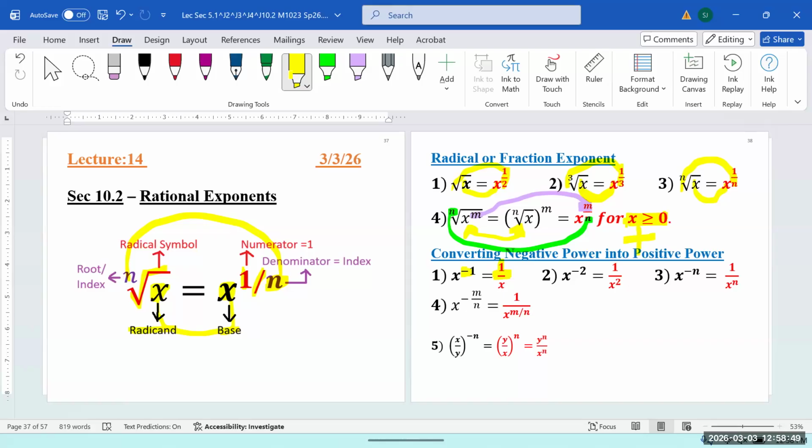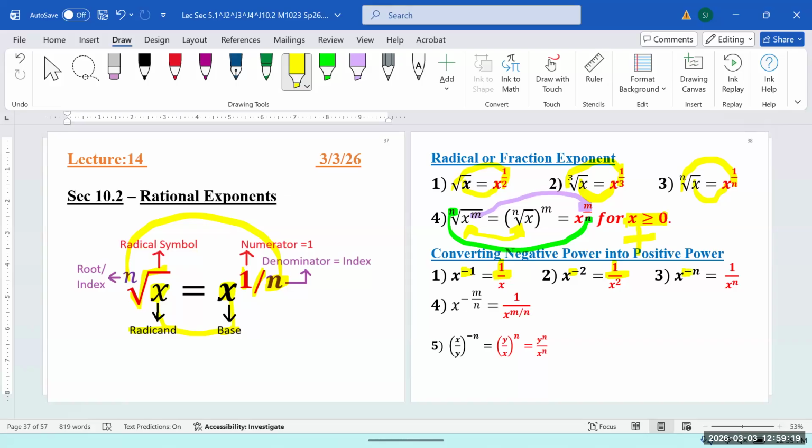So radical is exponent fraction, and negative means the entire quantity turns into a fraction instead of a whole number. So x to the negative 1 means 1 over x. For x to the negative 2, this negative turns into 1 over everything else on the denominator. So if we ignore the negative on the x to the negative 2, we are left with x with the 2 power that goes on the denominator.